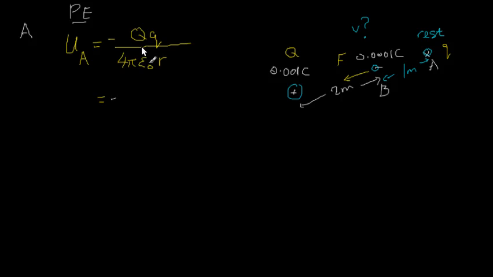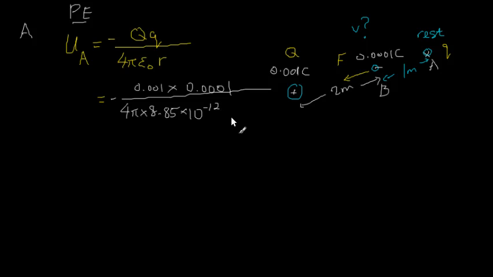Now the big Q there is 0.001, times small q, which is 0.0001, divided by 4 times pi times epsilon naught, which is 8.85 times 10 to the power of minus 12.